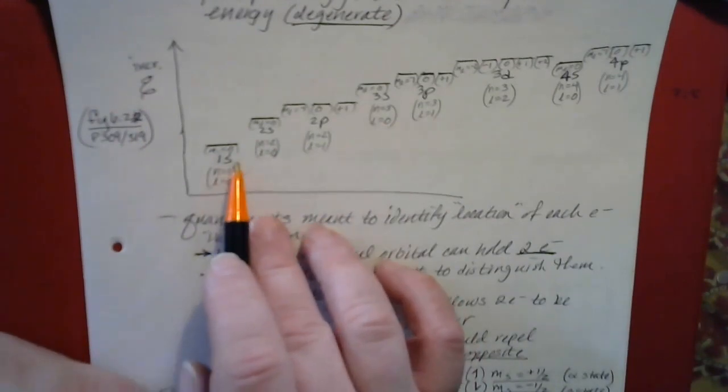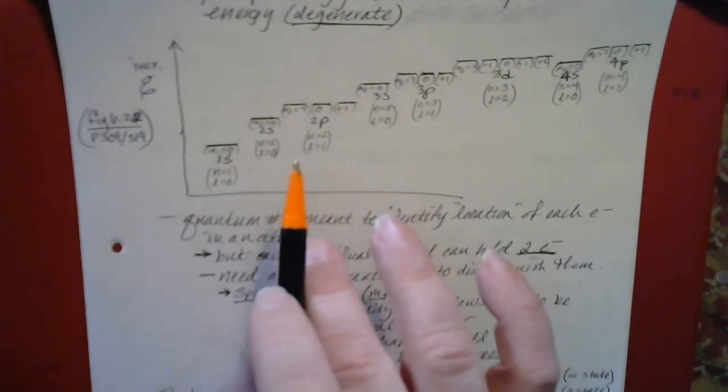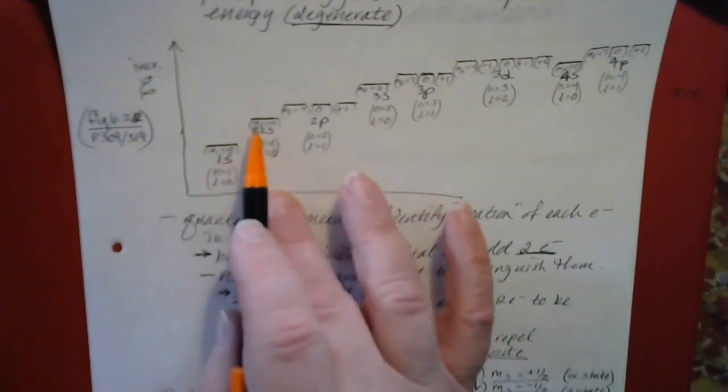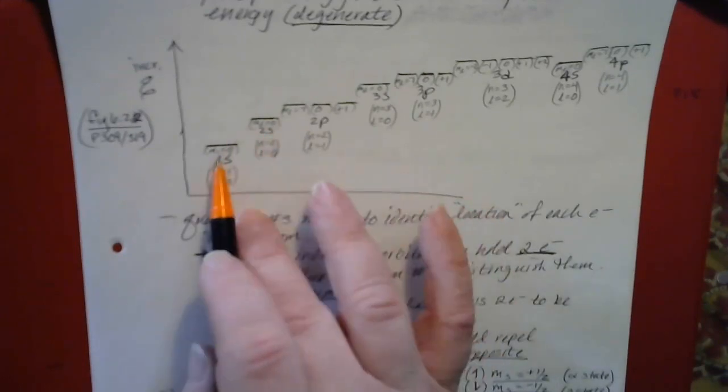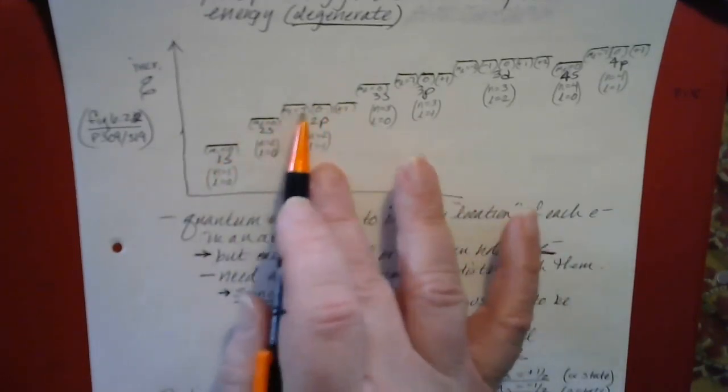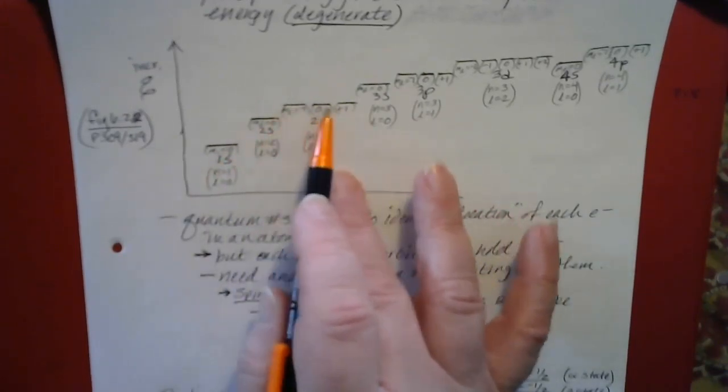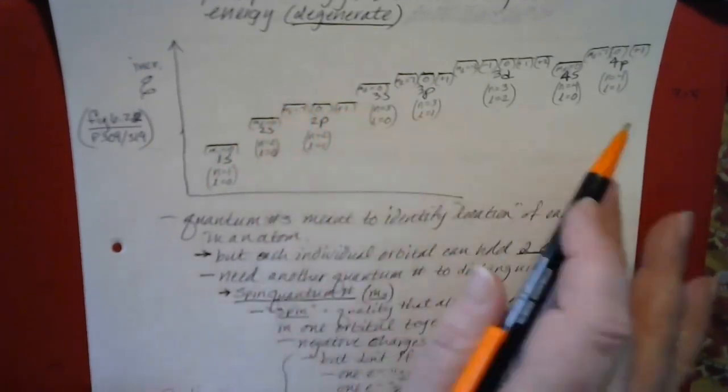But the original diagram in the text gives you the relative energies of the various types of orbitals in the various energy levels. So we have 1s, 2s is higher than 1s, 2p is a little bit higher than that, but notice all three of the 2p orbitals are the same energy.